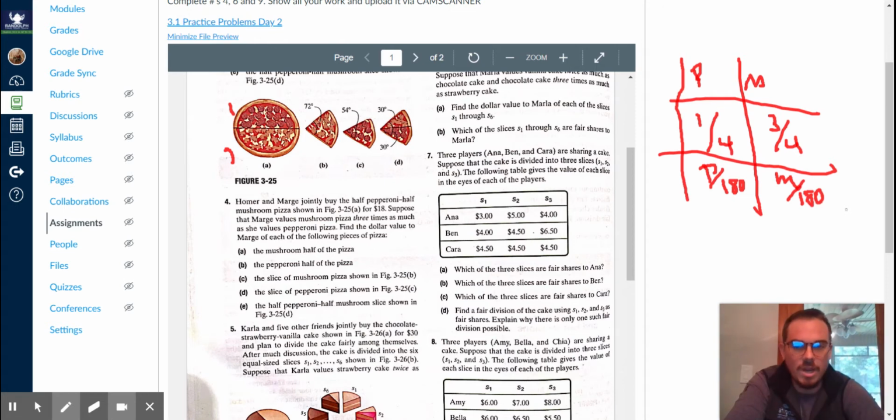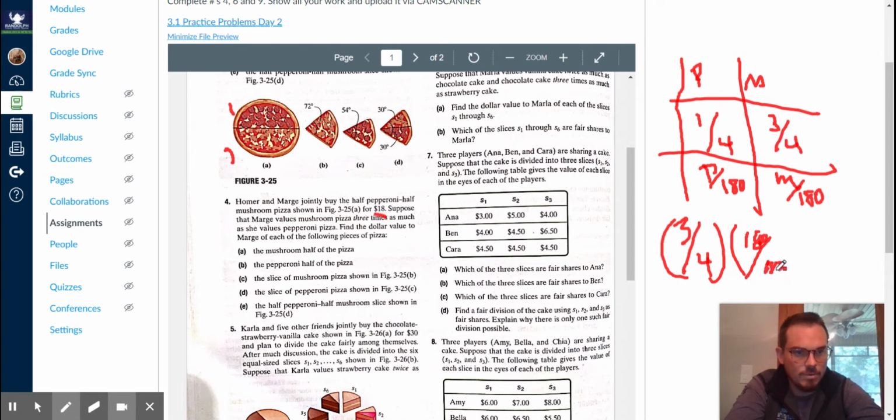Now, remember, it says find the dollar value to Marge's pizza here. We know that they spent 18 bucks for it. So if Marge and Homer spent $18 on this pizza, and we wanted to find the value of half the mushroom, it would be 3/4 times 180, because it's half that pizza, out of 180, and we would get 3/4 or 0.75.